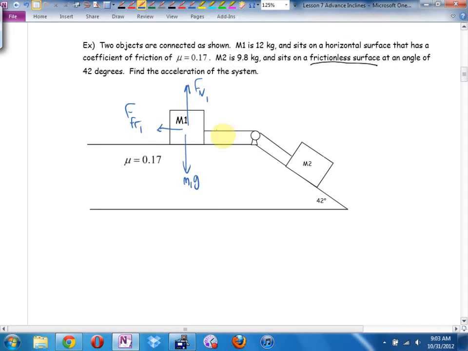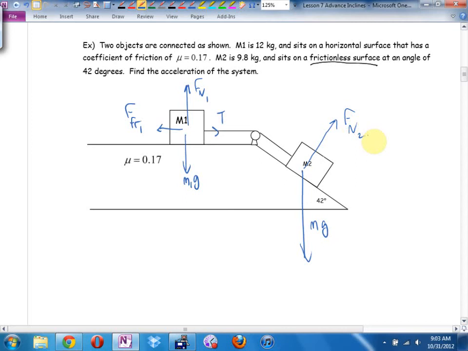What else? Tension. Is it flat? Then we're good. It's in the same direction as gravity, right? Which one will be breaking up into components? M2, which is going to have mg, normal force number 2.